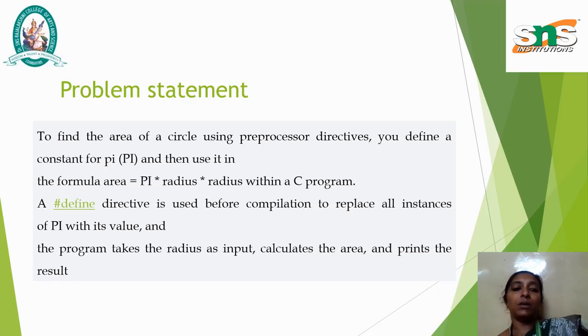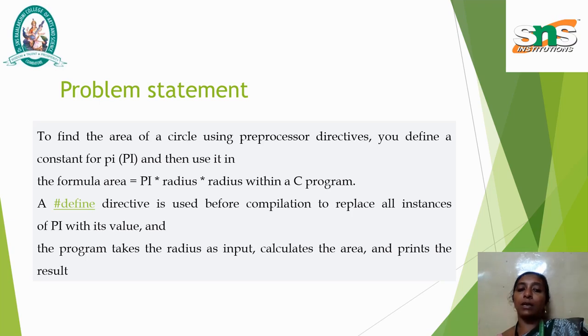Problem statement. To find the area of a circle using a preprocessor directive, you can define the constant pi and then use the formula for the area, pi times radius squared, within the program.